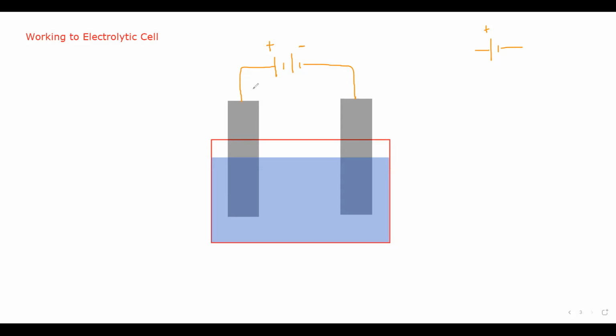So the plates are known as electrodes. The left hand side there is an electrode and the right hand side there is also an electrode. Normally these electrodes are made up of either carbon, which is graphite, or platinum.